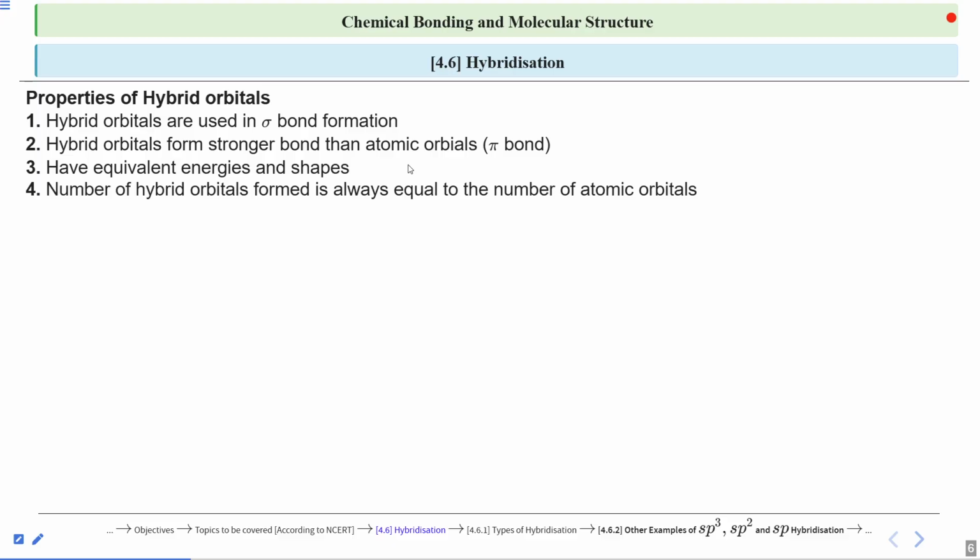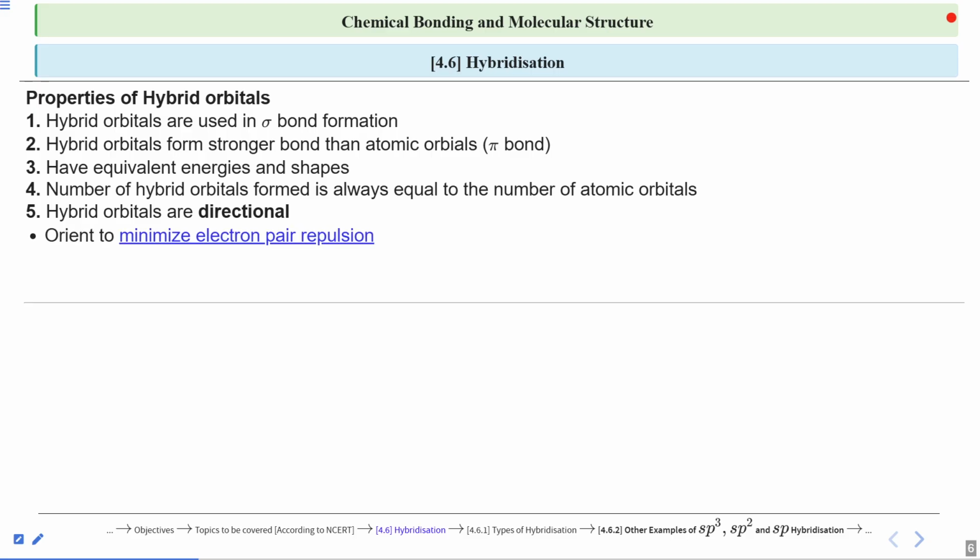Now next, the number of hybrid orbitals is equal to the number of atomic orbitals that are used to make those hybrid orbitals. So if two atomic orbitals are combining, two hybrid orbitals will be formed. Then last and the most important point, hybrid orbitals are directional in nature, meaning they orient themselves in a proper direction.